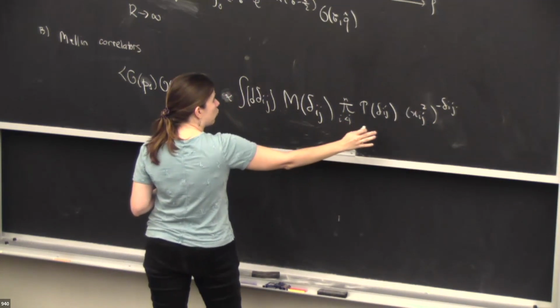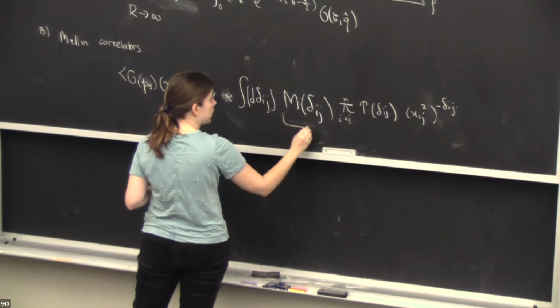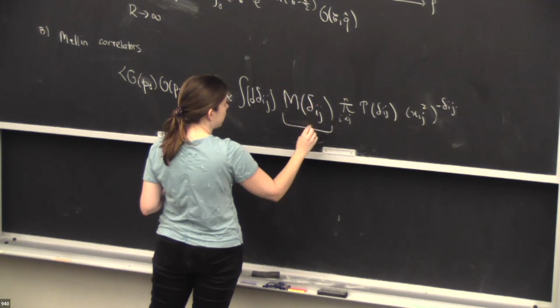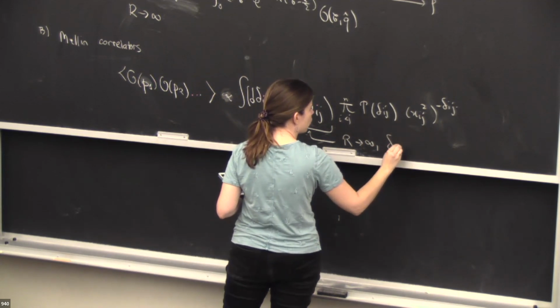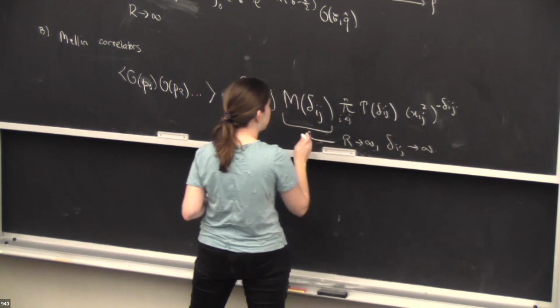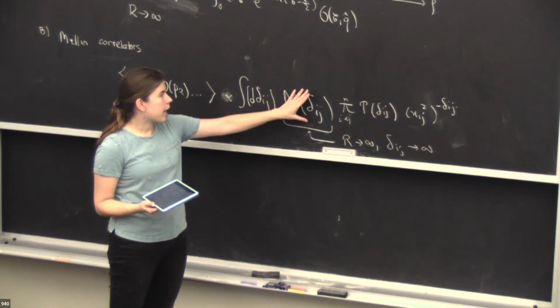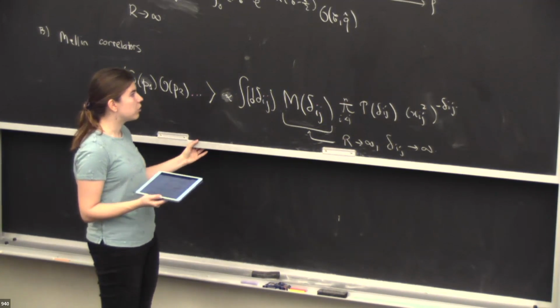So this is just a Mellin transform with respect to these x_ij squared. But what was observed by Penedones is that actually in the limit as r goes to infinity, and also these dimensions delta ij go to infinity, this dual correlator has the same behavior as a momentum space, flat space scattering amplitude.